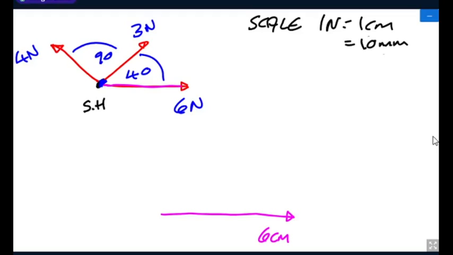And then I need to measure 40 degrees. This is 40, and then I draw my 3. So 3 would come up something like that. Not as much as that, perhaps. But once you've got a ruler and you're doing things, it'll be all right. That's going to be 3 centimeters.